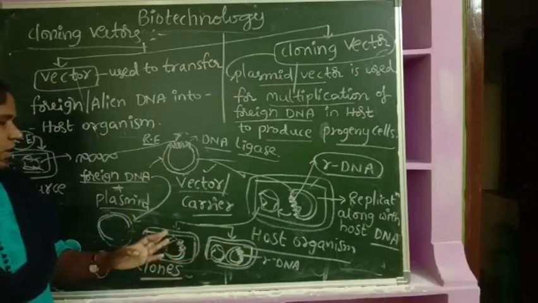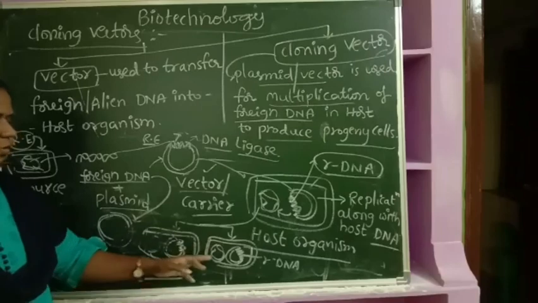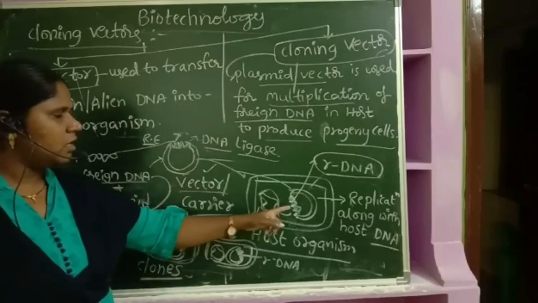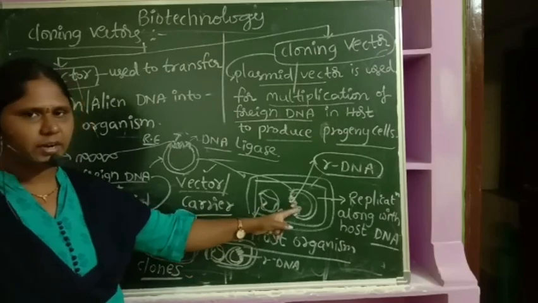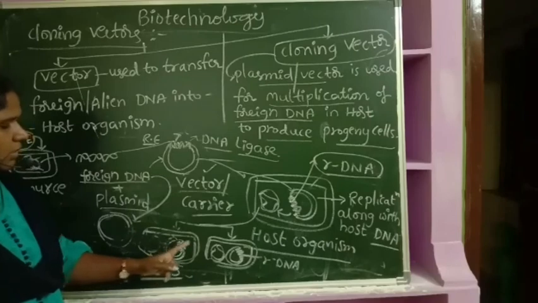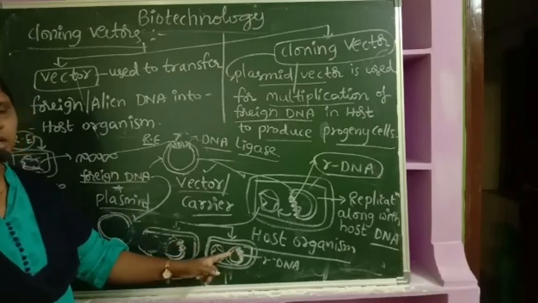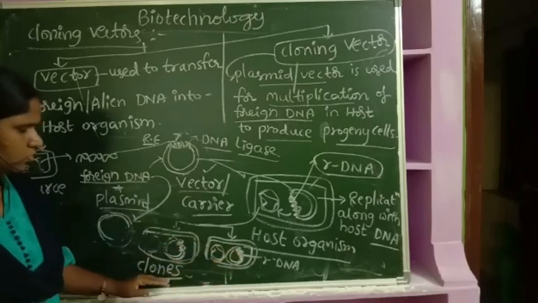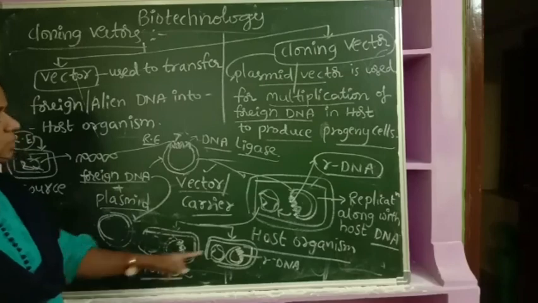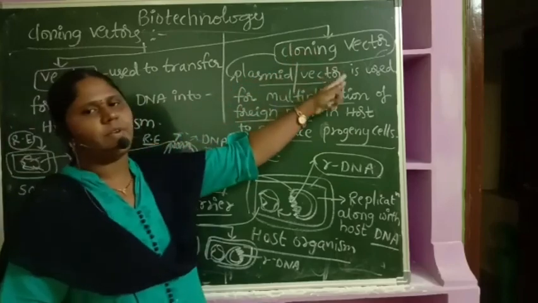Progeny cells. Now these progeny cells are exactly similar to their parental cell, including the recombinant DNA with the vector. It gets transferred as it is, vector with recombinant DNA. Vector with recombinant DNA got transferred into clones. So here the vector is used to form recombinant DNA into clones. That's why this is called a cloning vector.